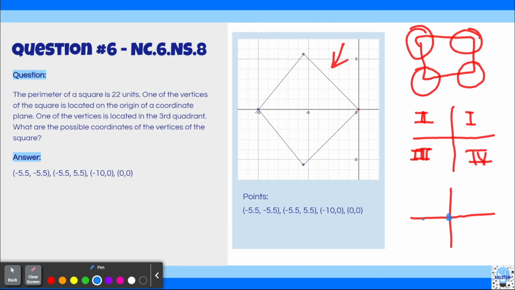So here's another one of our possible answers. Okay, and we want to make sure that our perimeter is 22 units. So yeah, this is another one of our examples.